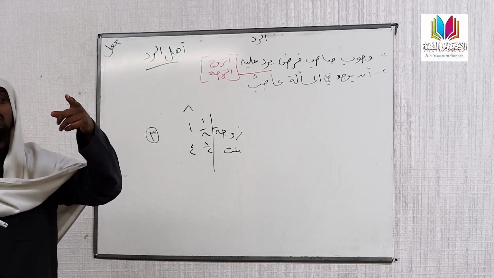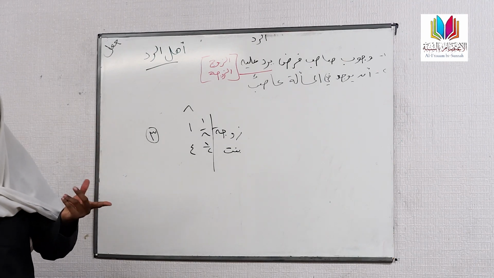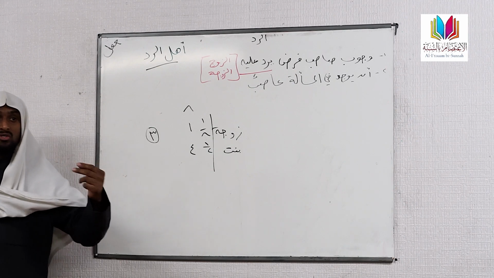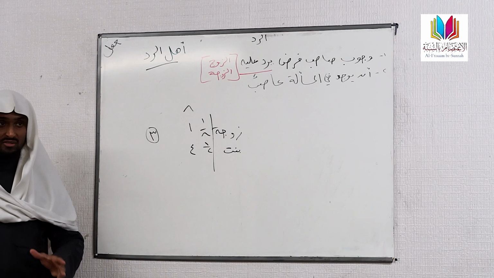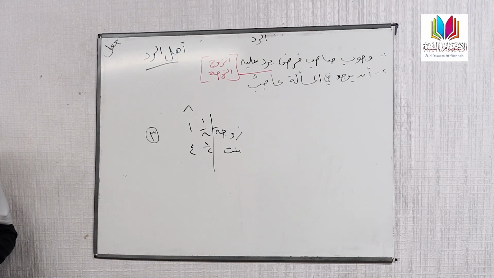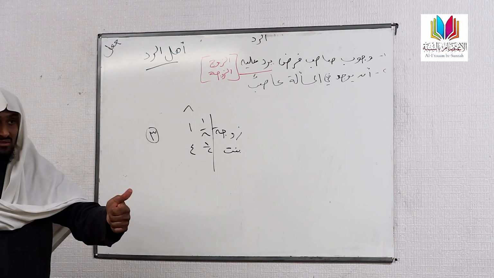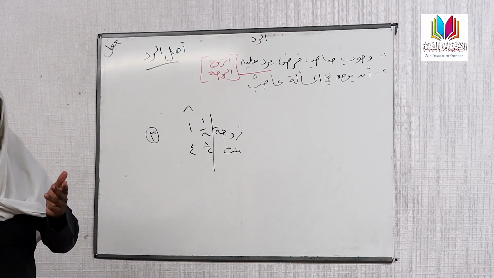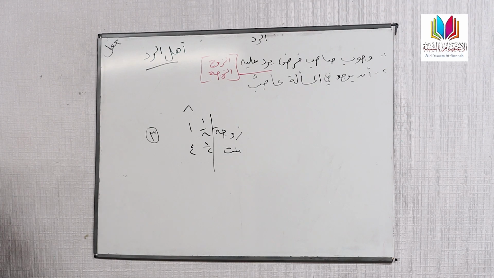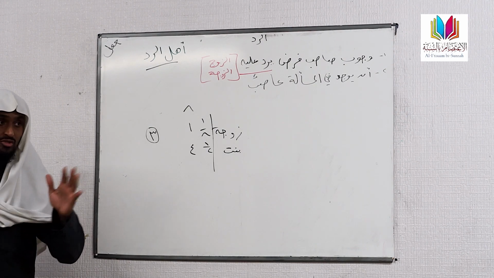Those that take the leftovers. Who are they? The closest male relative, or the male relatives of a person. Is that understood? So for example, who? The son, ibn, the am, the uncle, akh shaqiq, akh li'ab, who else? Ibn am, and so on.